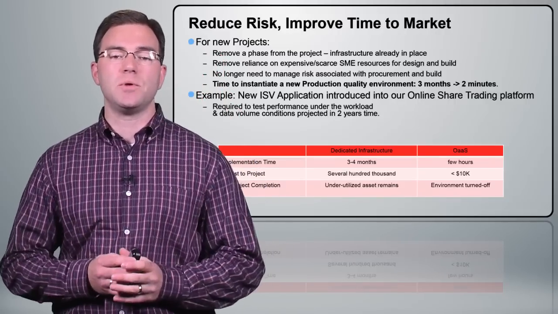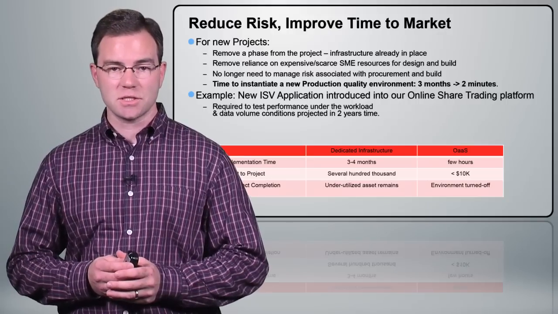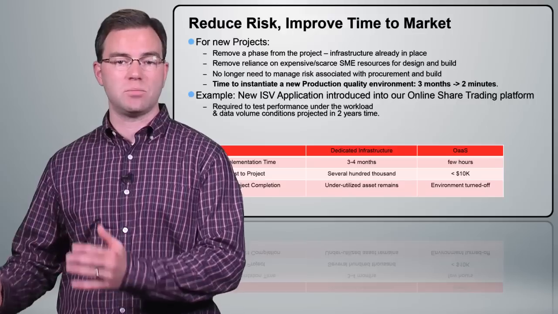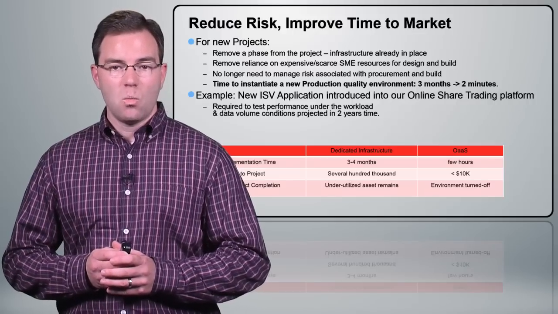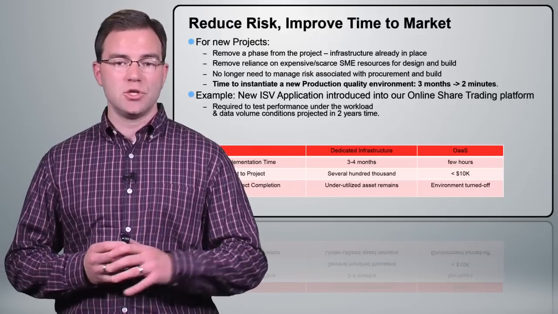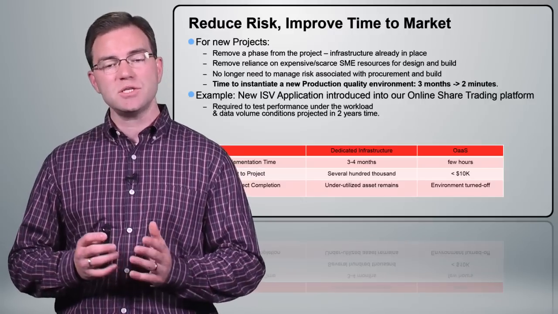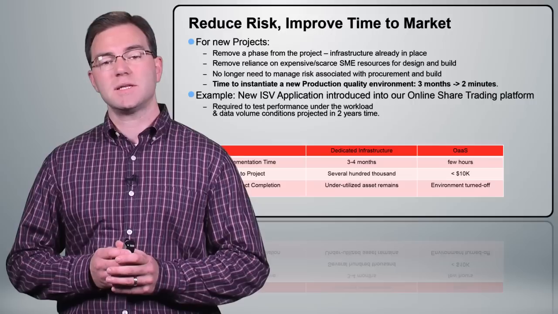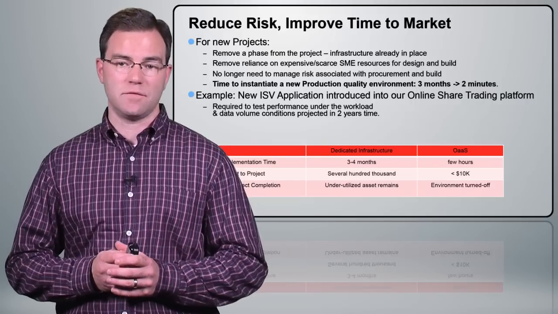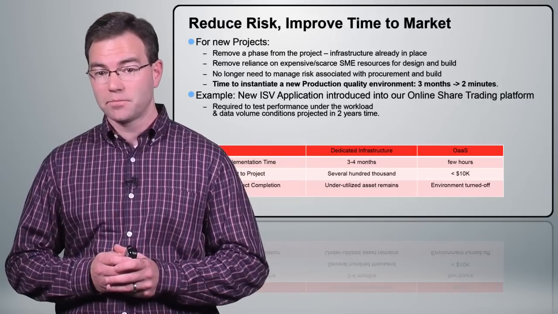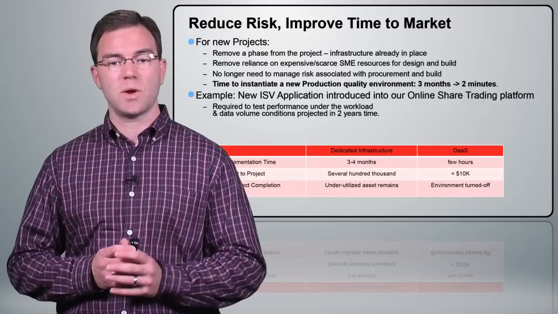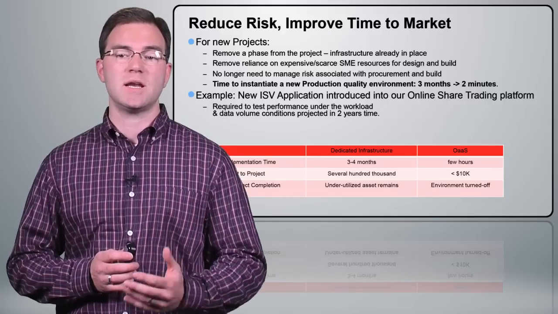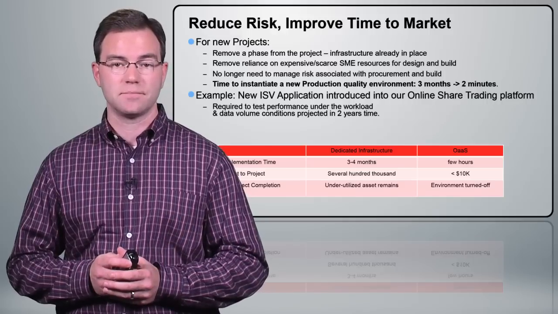Another example would be the deployment of ISV applications that they want to introduce into their online share trading platforms. Before Oracle as a Service, using dedicated infrastructure, this deployment would have taken them 3 to 4 months, whereas now with Oracle as a Service, it takes them a few hours. And the deployment costs went down from several $100,000 to less than $10,000 per deployment.